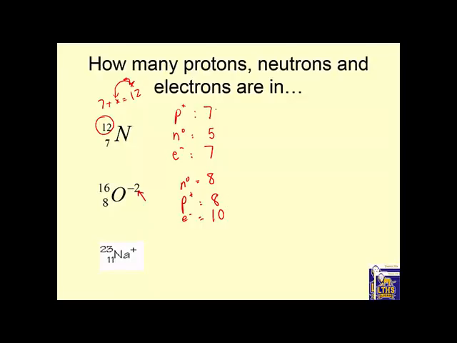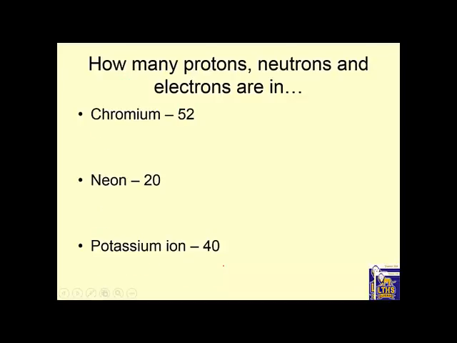For atoms, protons and electrons are the same. So we have protons, 11, that's this atomic number. Neutrons is 12, because 11 plus 12 equals 23. And then electrons, well, there are 11 protons, but it's a positive sign there, so one of the electrons went away.